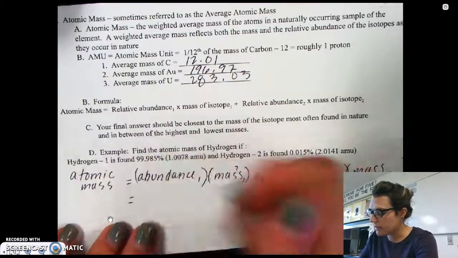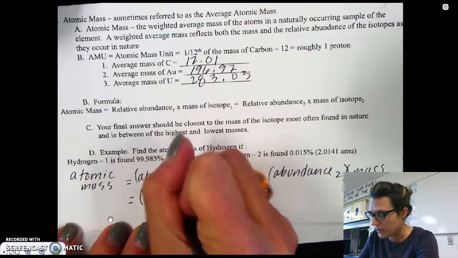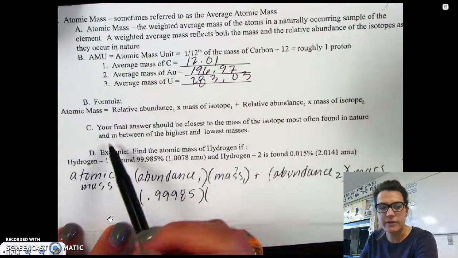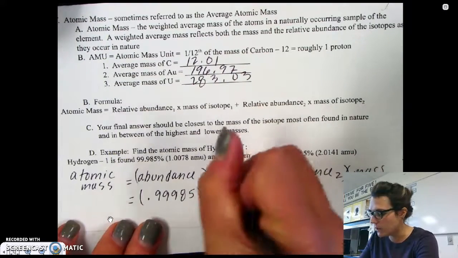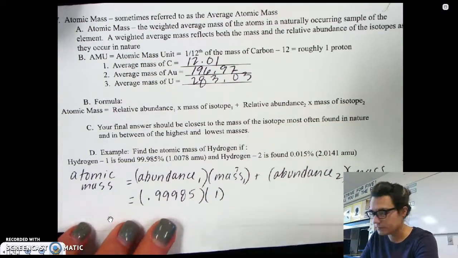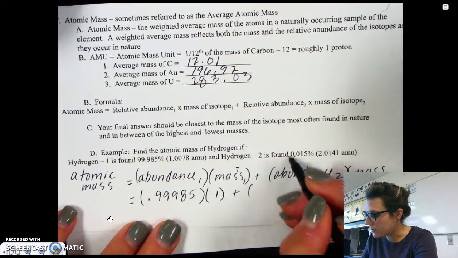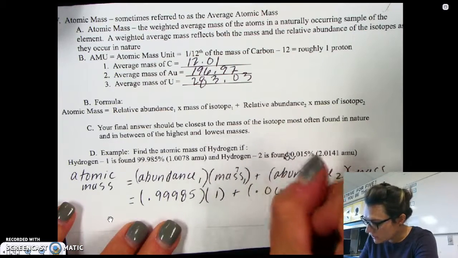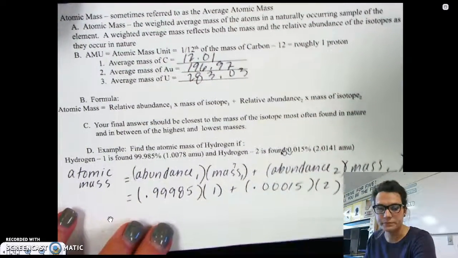So in this case, I'm going to swipe twice to make it 0.99985. And the mass that I have of hydrogen 1, that's the abundance that I have for hydrogen 1. So that's mass 1 plus the abundance, so I'm going to go 1, 2. So it's going to be 0.00015 times the mass 2. Okay?